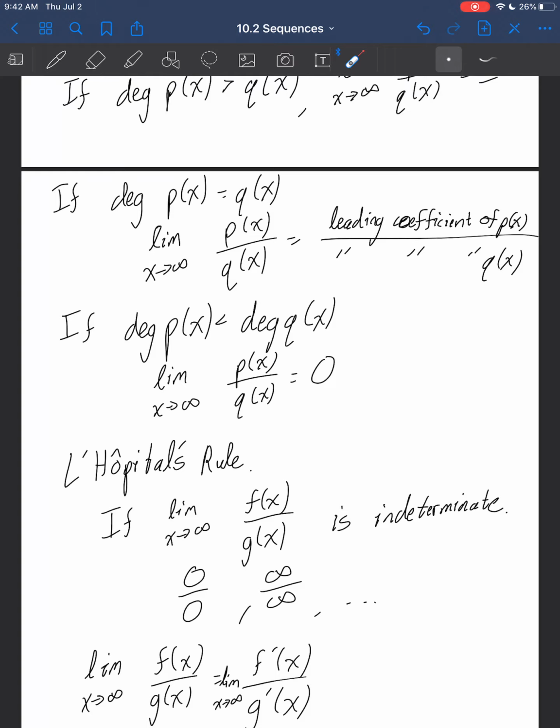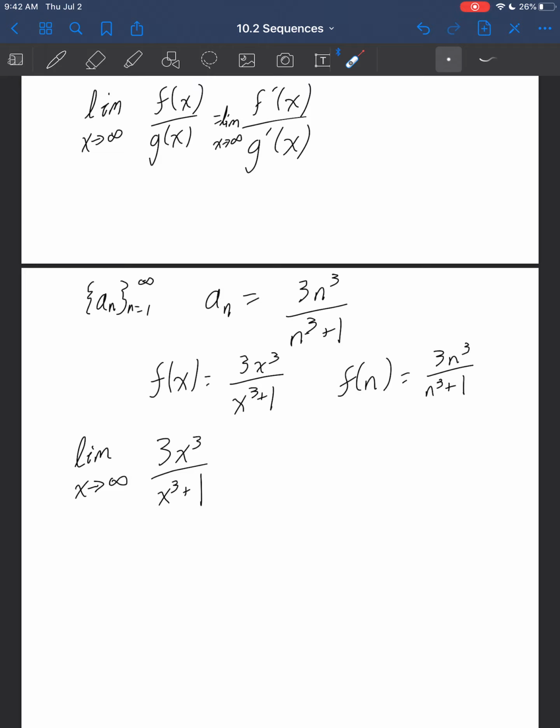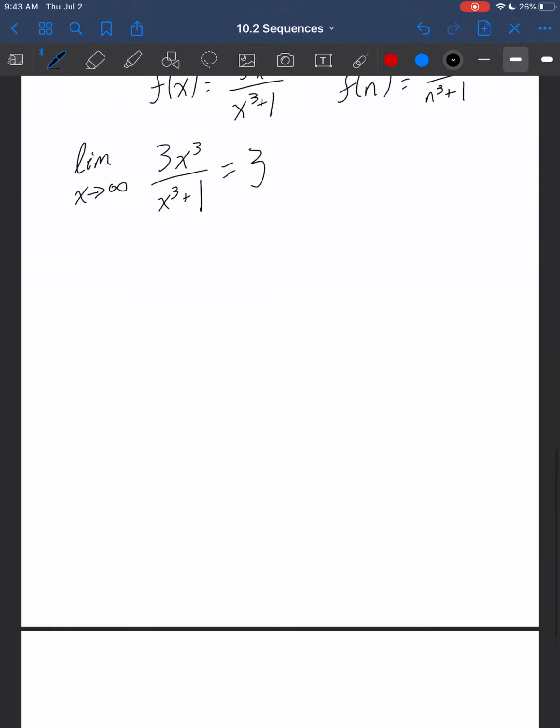And so we know that this limit is going to be the leading coefficient of the top polynomial divided by the leading coefficient of the bottom polynomial. The leading coefficient is the coefficient on the term with the biggest degree. So it's going to be 3 over 1, or 3, as my final answer. So the limit of this sequence exists, and it's equal to 3.